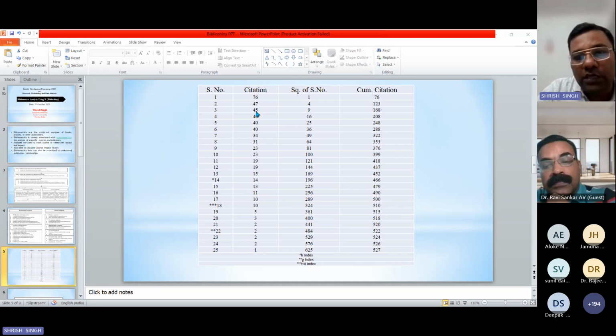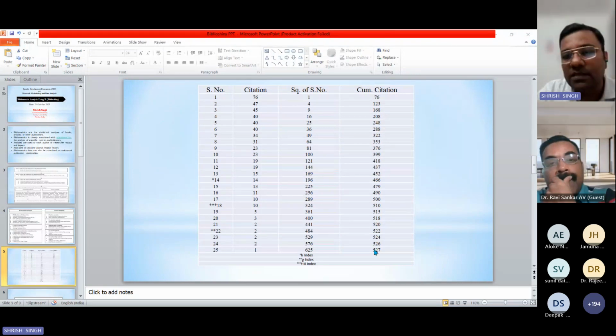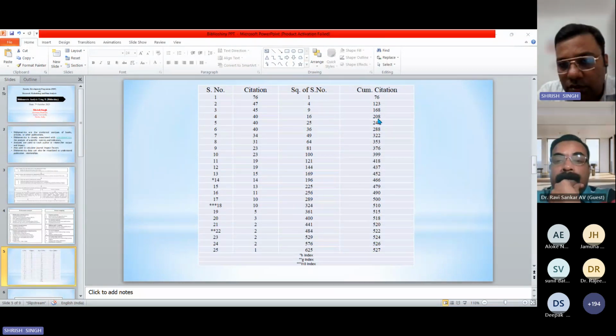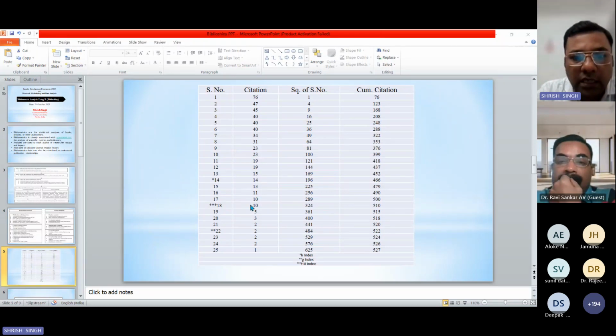But before this, we already have a total of 123 citations. So 123 plus 45 is 168. So this is the cumulative citation. This is simple statistics. There's nothing to worry about. But what we need to understand here is the citation, the square, and the cumulative citation.